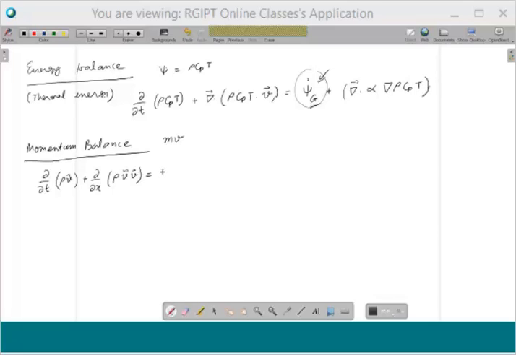Here psi g dot, plus sigma ij, a diffusive flux, right?